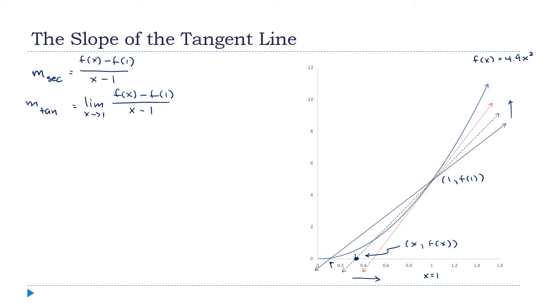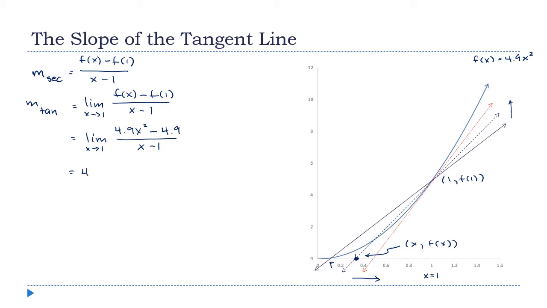Okay, so what is this? We can calculate this now. Let's keep the limit as x approaches 1. f of x is 4.9 x squared. f of 1 is 4.9, over x minus 1. And so I'm going to use my limit rules. I'm going to factor 4.9 out of the numerator and bring that out in front.